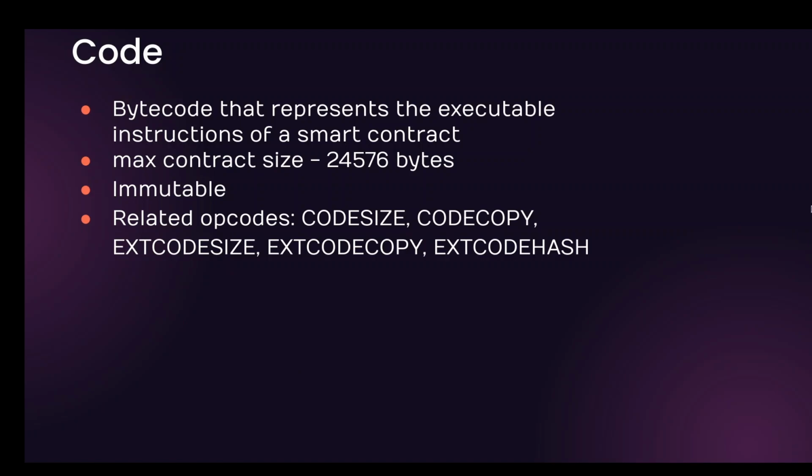You may ask why we can have only 24 kilobytes smart contracts. It seems really small compared to the normal programs that we run. You have to know that each time that you are interacting with some contract, it has to be read from the storage, which is, as we know, costly operation, and it has to be stored in the node RAM during the execution.